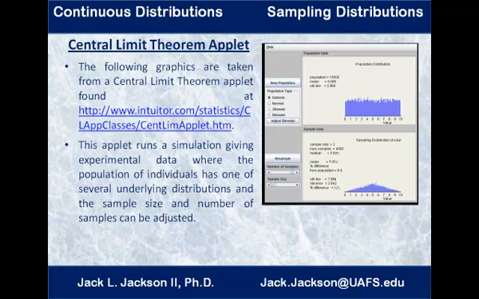Notice in this one I have done a whole bunch of samples. I moved this bar for the number of samples all the way to the right. I've started with a pretty small sample size, only 2. And I started with something that's uniform, and we see what the graph looks like there. We were given the mean and standard deviation here, and a sample size.